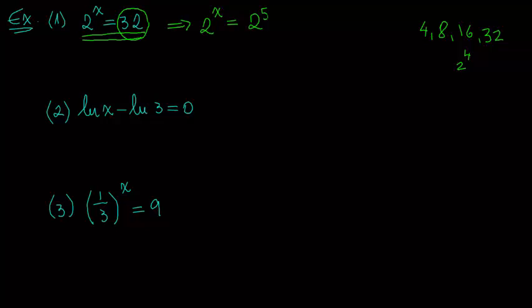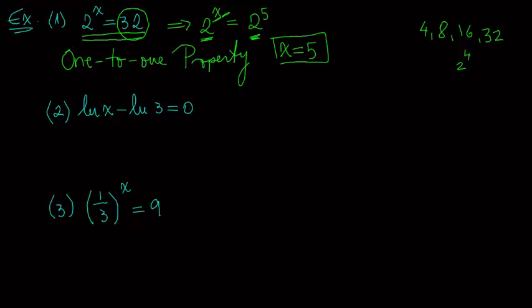So now you notice I have the same base 2 that is being raised to the power of x and to the power of 5. So by the one-to-one property, we can deduce that x equals 5, right? The inputs for the two functions are the same, and that is the solution for my equation.